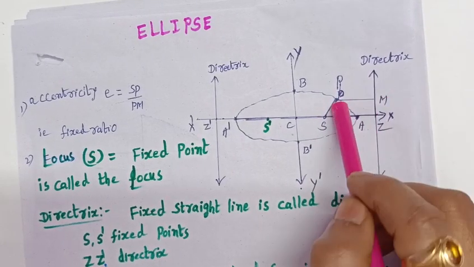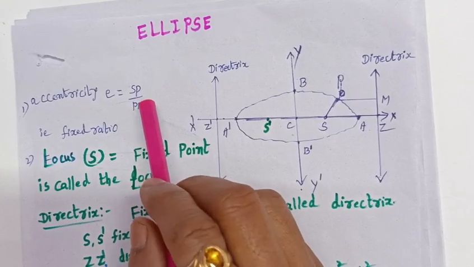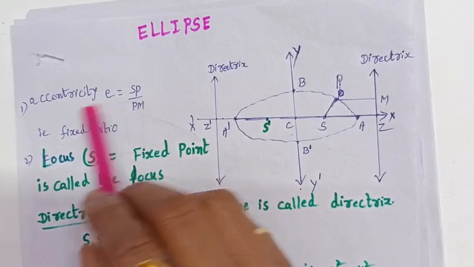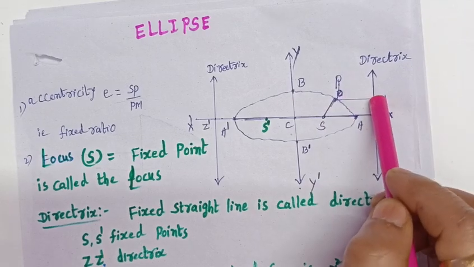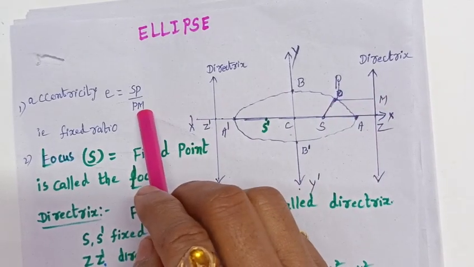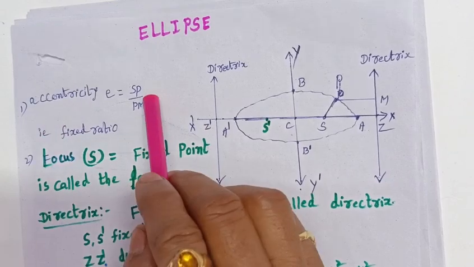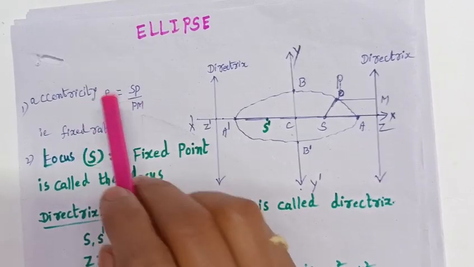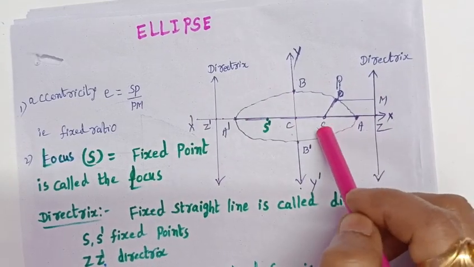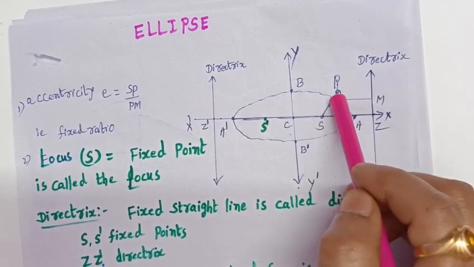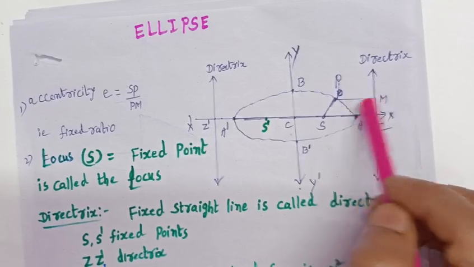SP by PM is a type of ratio, and this ratio is constant. SP by PM is called eccentricity.